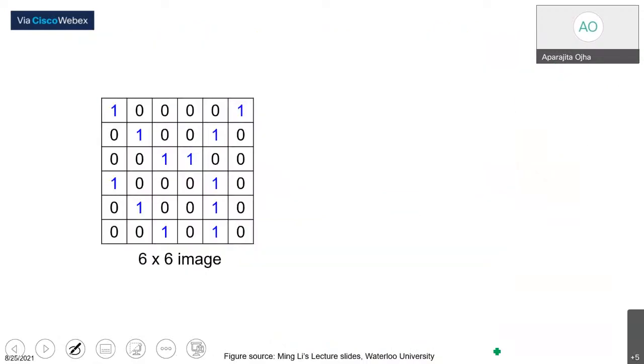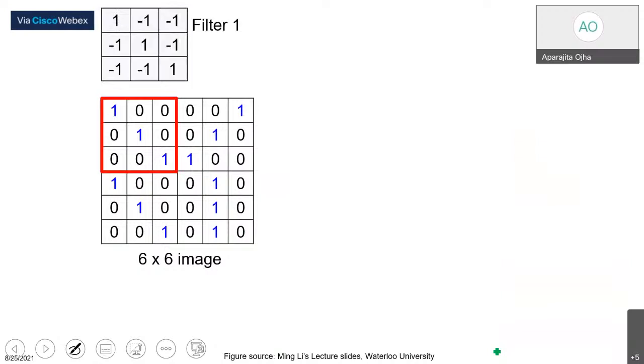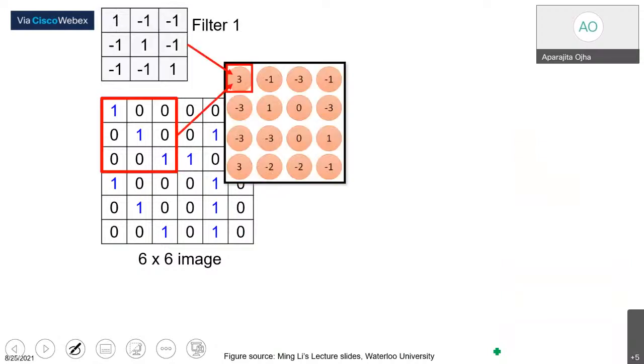All right. Now, suppose you have filter 1. I seek your attention, please. In this filter 1, this 3, which is the output, is obtained by applying filter 1 on this image block, which is highlighted by the red boundary.